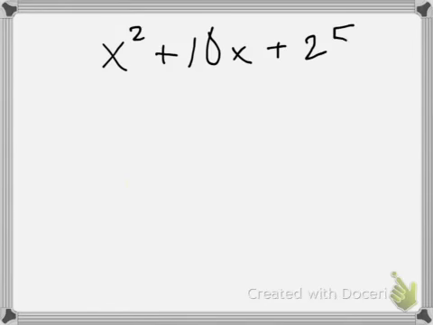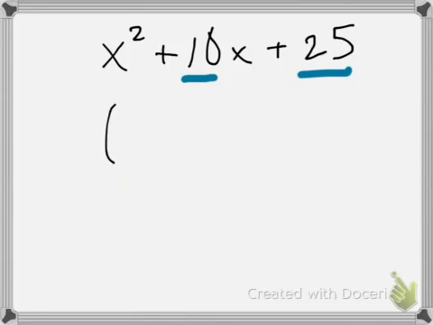Okay, we're going to do a problem with higher numbers instead of just easy 9s, 3s, and 6s and stuff. So we'll do x squared plus 10x plus 25. So what multiplies to get 25 and adds to get 10? Thinking on that, you have to figure that out.